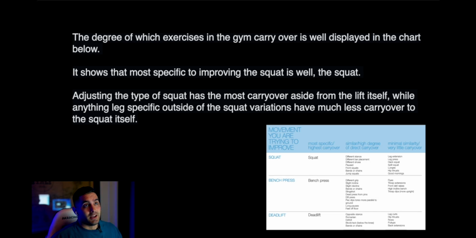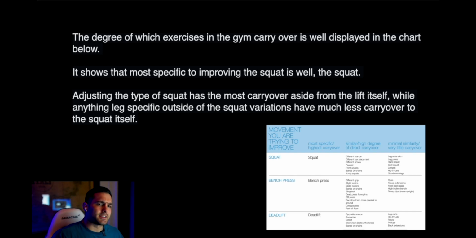So for example, if you want to improve your leg press, you do your standard leg press. But what if I do sumo leg press, or put my feet really high and do those? Will that help improve my standard leg press? Not as well as doing the standard itself, but it will definitely contribute to helping your lift.